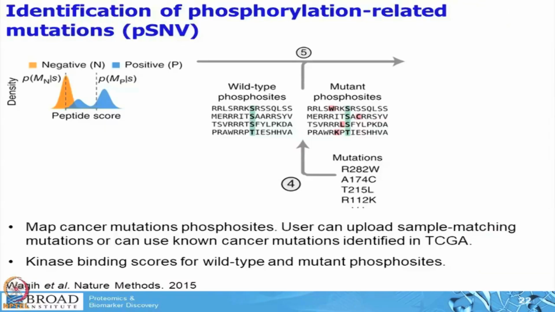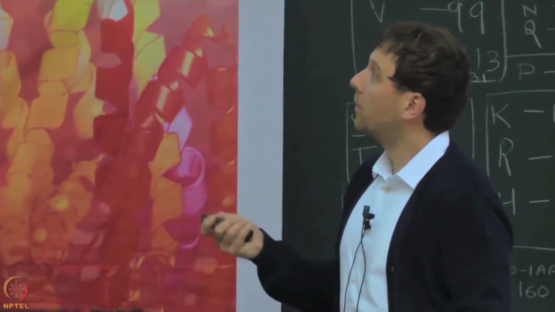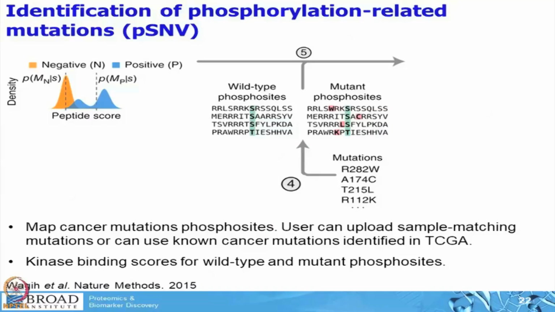Now with this approach, we can calculate kinase substrate specificity: given a phosphopeptide, how likely it is that it has been phosphorylated by this particular kinase or maybe by another one. So now, how do we connect that to mutations? We calculate these specificities for both versions.